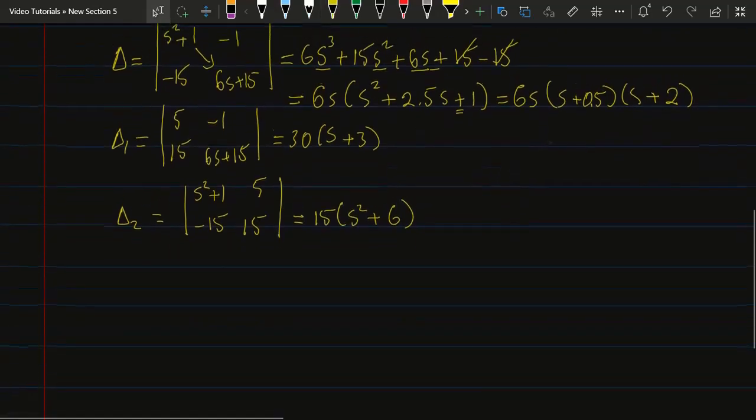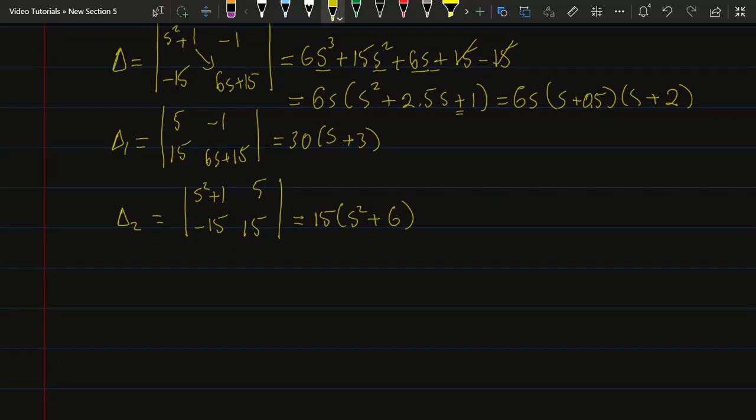Calculating these determinants, you can find V1, which is simply delta 1 over delta. Delta 1 is 30 s plus 3, and in the numerator, let me write the numerator first.